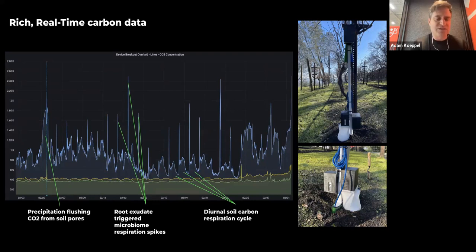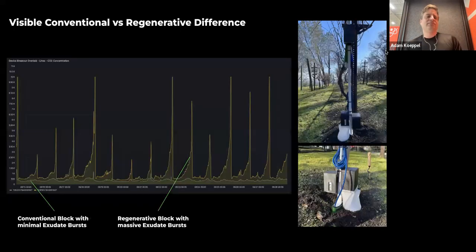And we see that energy exchange happening with a burst in activity in the soil. And so that's a fun thing we've realized is actually a really great way to track soil health in real time, similar to a vital sign of the soil that you can measure electronically. And then additionally, we'll see the diurnal soil carbon respiration cycle with differing levels of activity between night and day. Next slide, please.